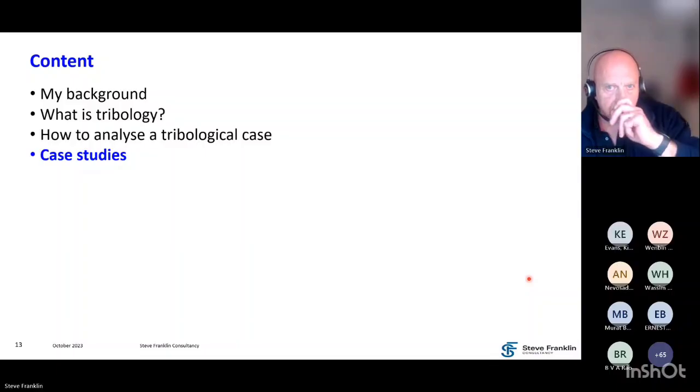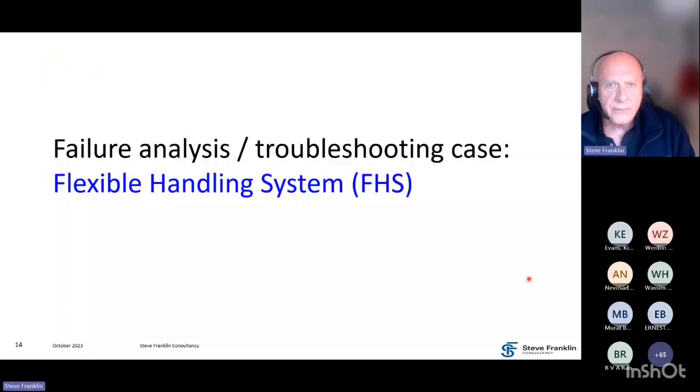Then I'd like to go through a couple of case studies. First of all, a case study that involved a failure analysis and troubleshooting for a flexible handling system.